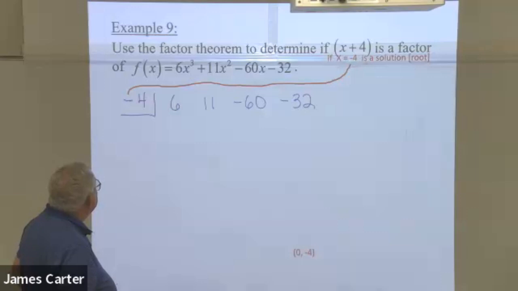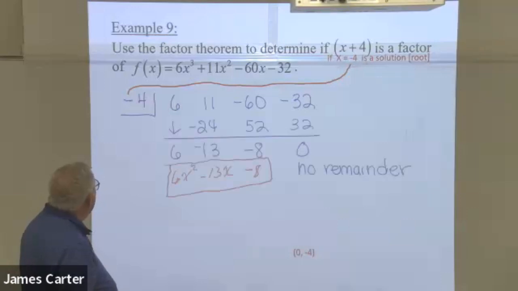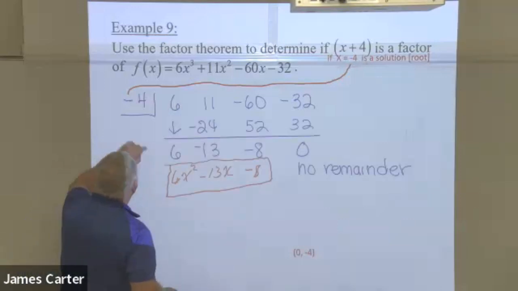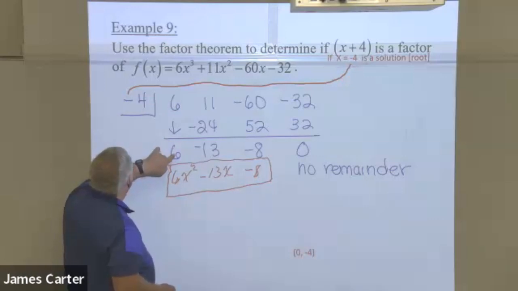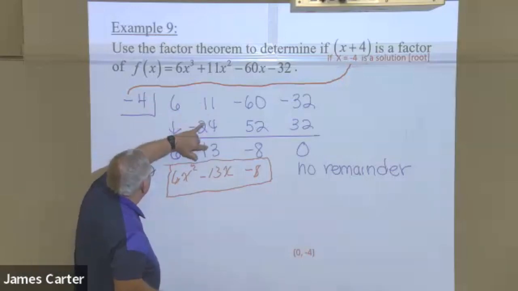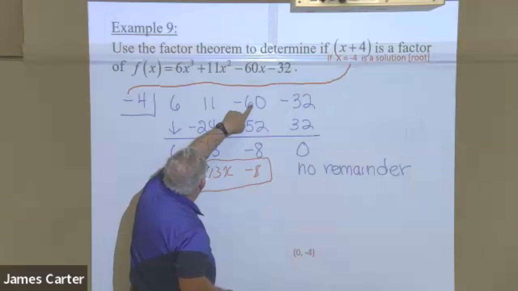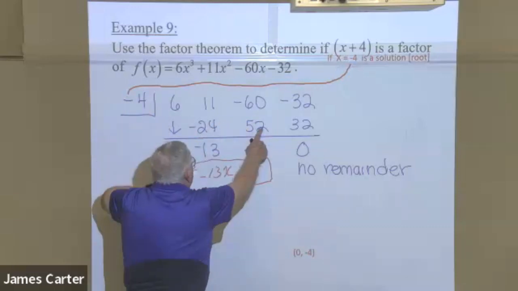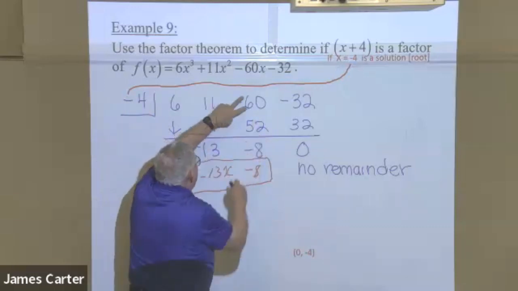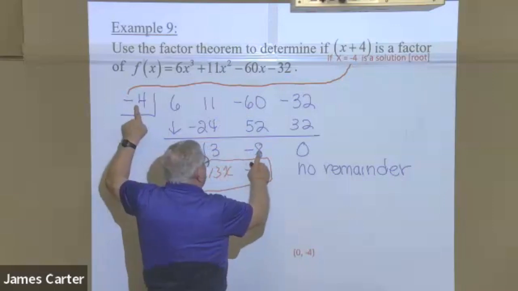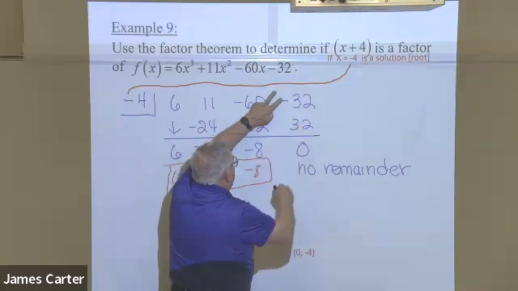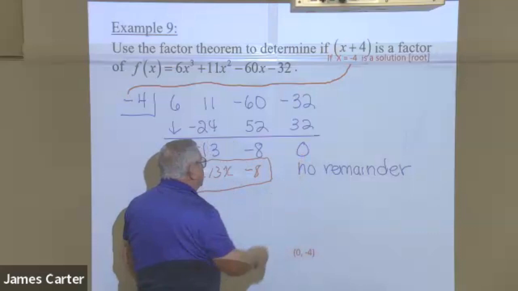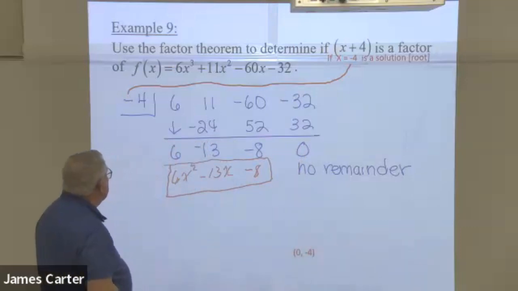So here are the coefficients, and we do the work. Okay, we bring down, multiply, add. Multiply these 2 to get that, add. Multiply these 2 to get that, and we do have a 0 remainder in this case.